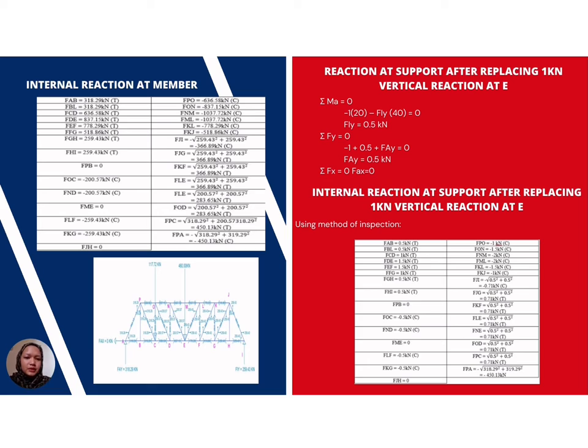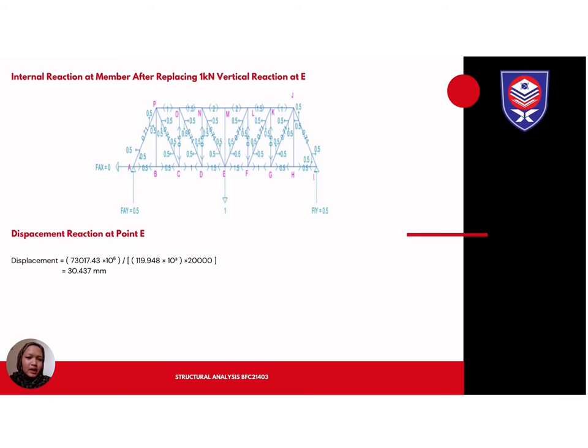Then move on to the reaction at support after placing 1 kilonewton reaction at E. As usual, we use the 3 common equilibrium equations: moment, Fy, and Fx. After we place 1 kilonewton, we also need to find the internal reaction of the members. The table shown in the slide is the result that we get from using the inspection method.